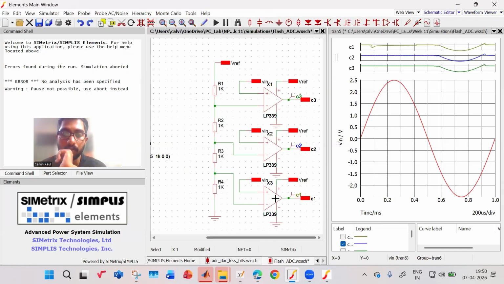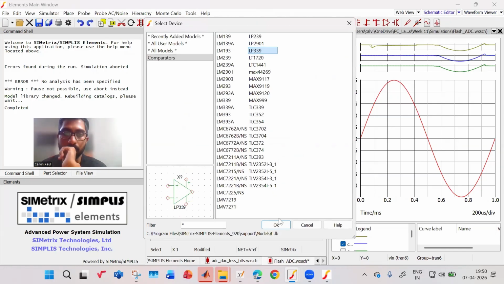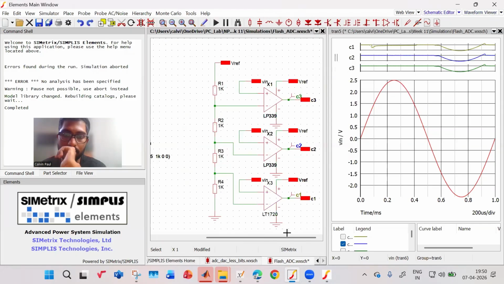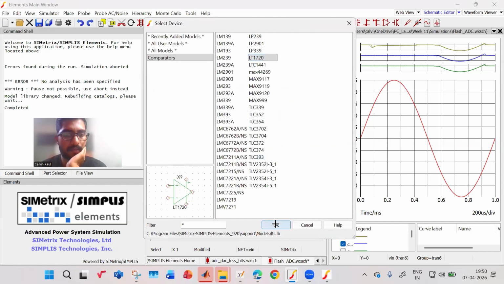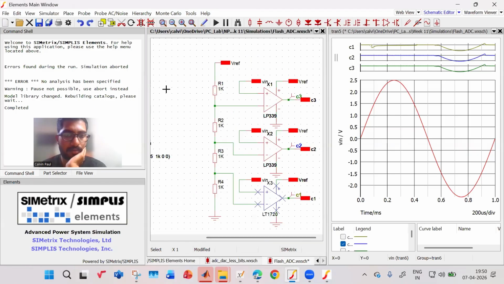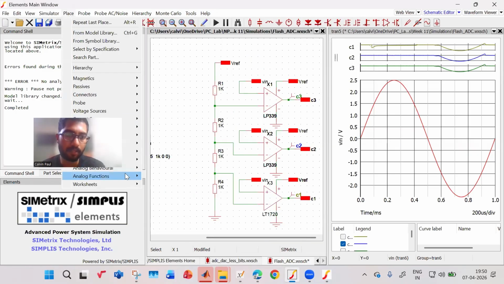Comparator should give a digital output, but it's giving analog output. What is the reason? I have to ground. So we place comparator with ground.